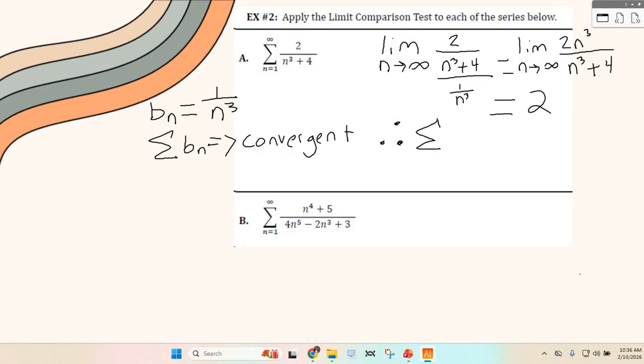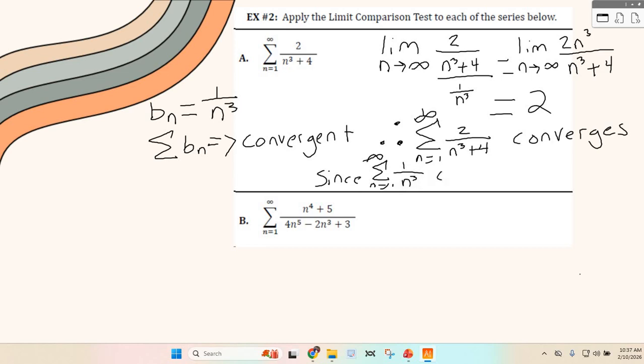So we can say, therefore, the summation of our original converges, since the summation of 1 over n cubed converges by the limit comparison test.